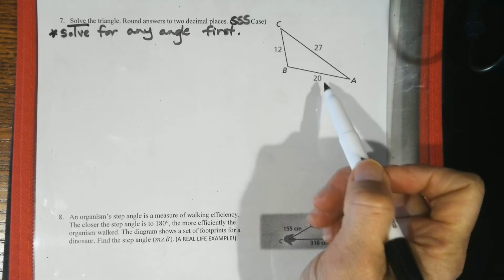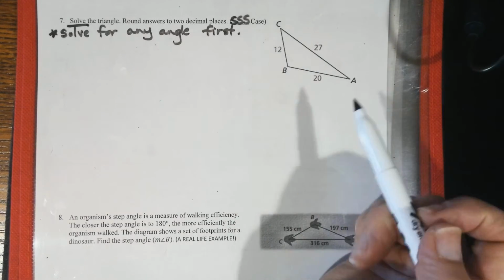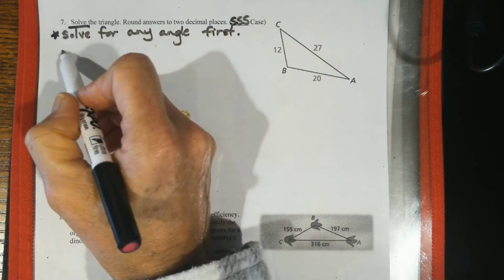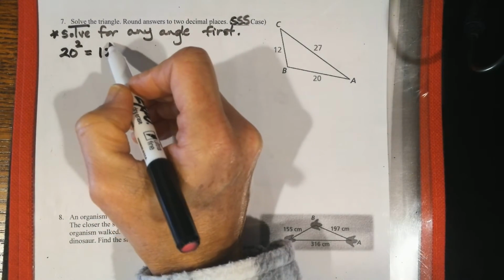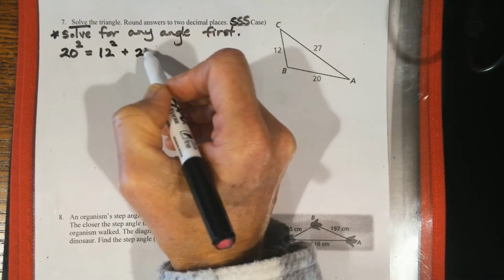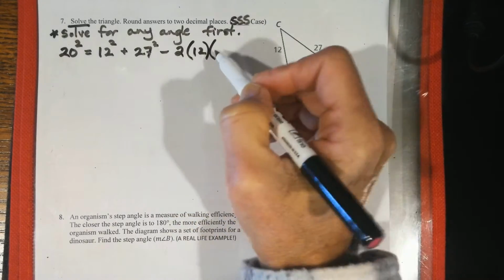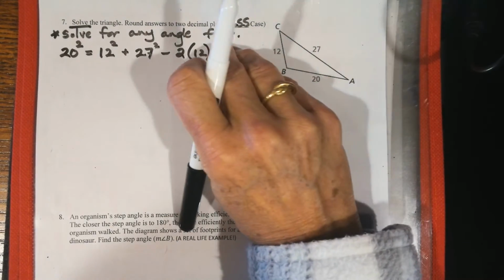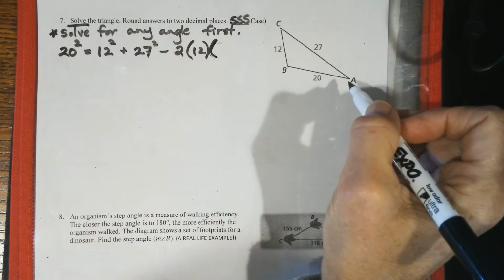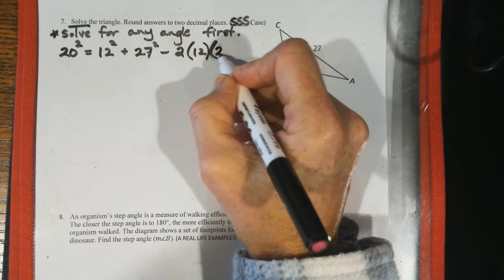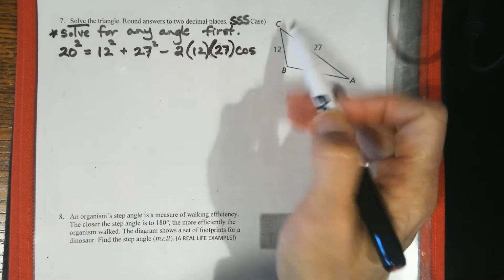So I think I'm going to pick I'll find angle C. Okay, so it's going to be 20 squared, that's little c squared, equals a squared plus b squared minus 2 times a times b times the cosine of angle C.